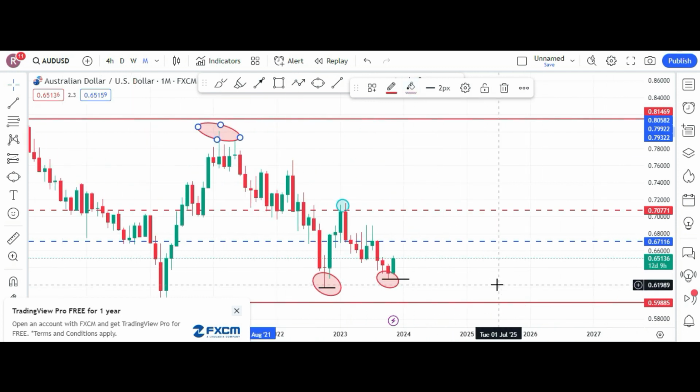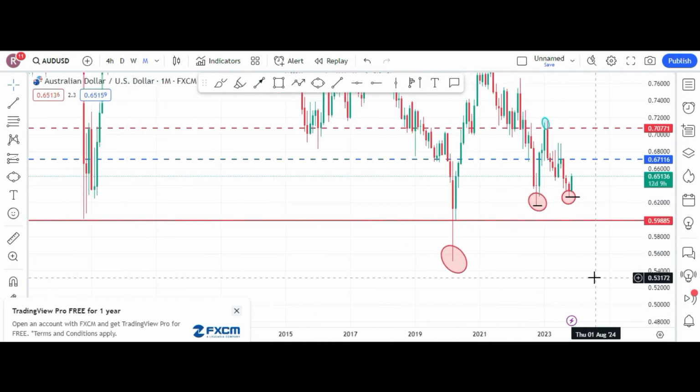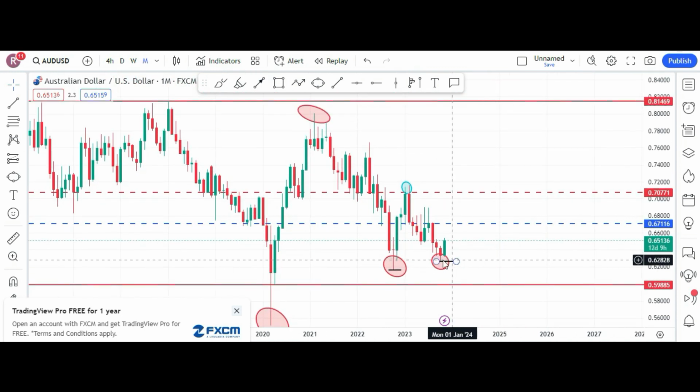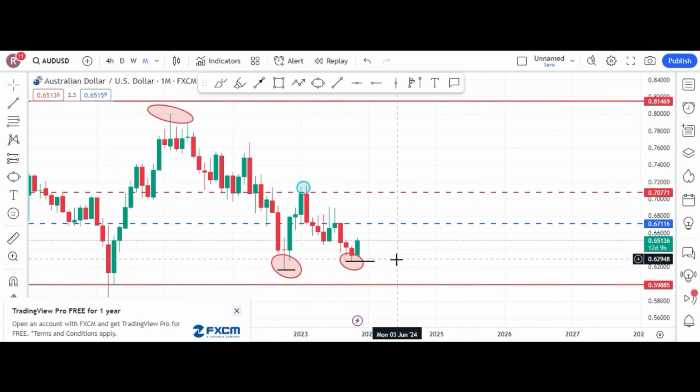Now we have a previous double bottom which is here, but we can see that a current bottom is forming here, and this is the candlestick for November, and we are on 18th November, still 12 days to go. So until this candlestick is finished on 30th November, we cannot declare it as a double bottom yet.